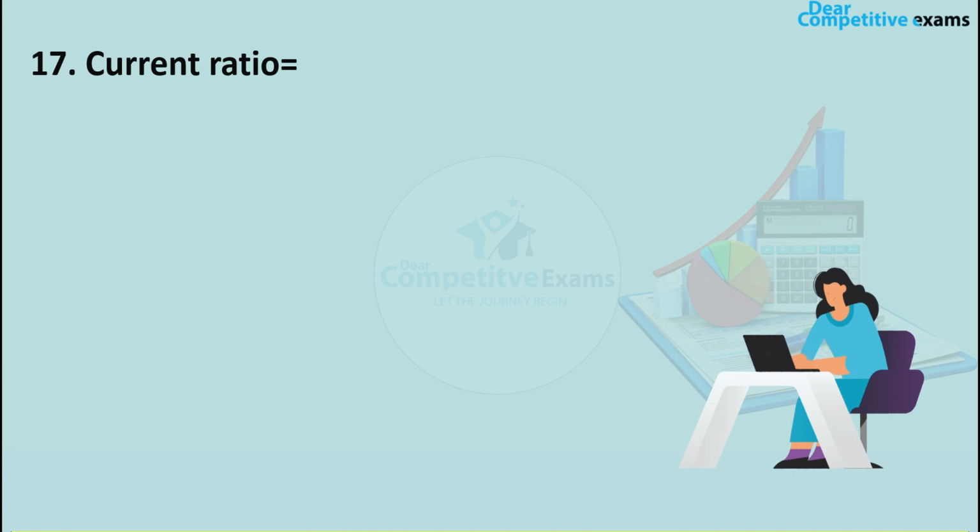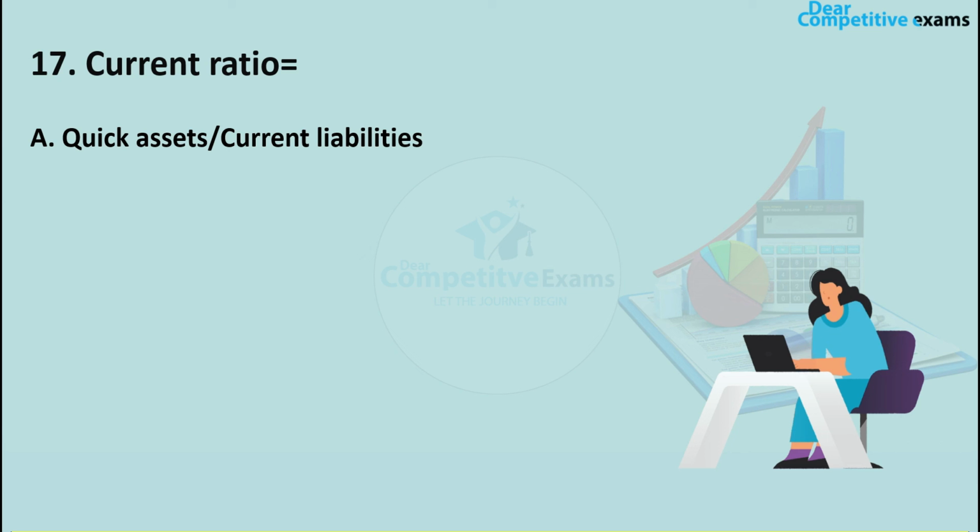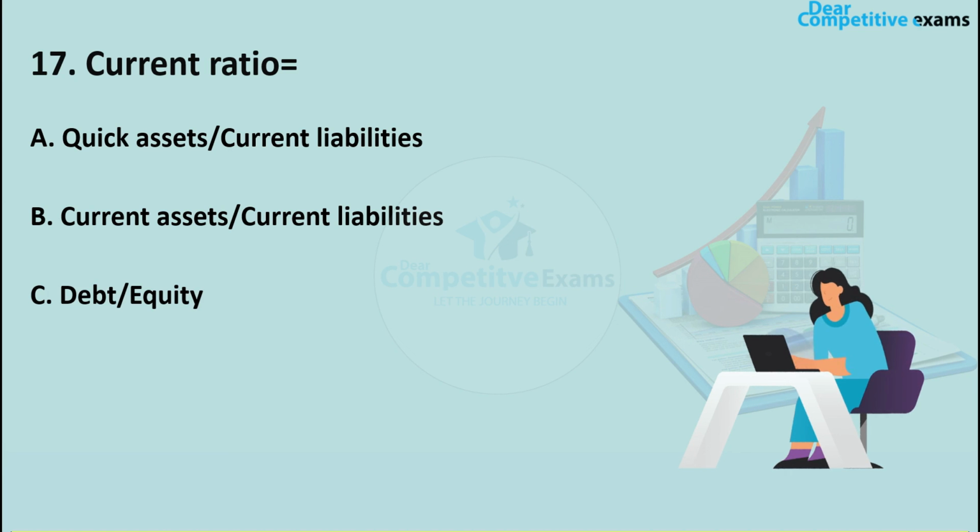Current ratio. What is the current ratio made up of? Is it quick assets divided by current liabilities, or current assets divided by current liabilities, or debt divided by equity, or current assets divided by equity?